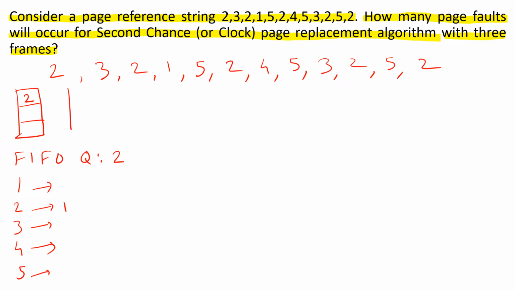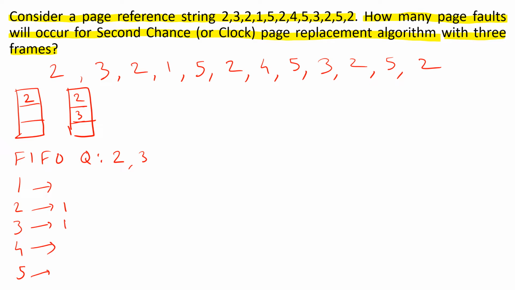Then we need page number 3. Again, page number 3 is not there in main memory. So we bring that page into main memory as we have space. We copy that page into the queue and we make the reference bit of that page 1.